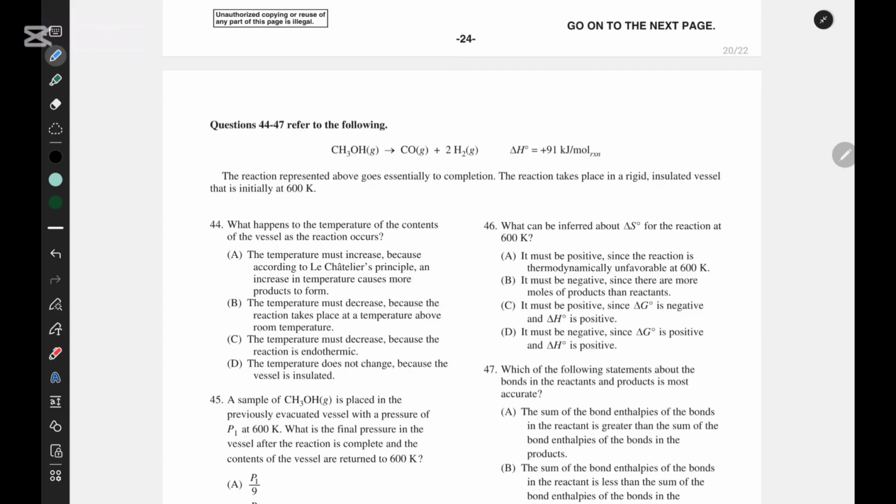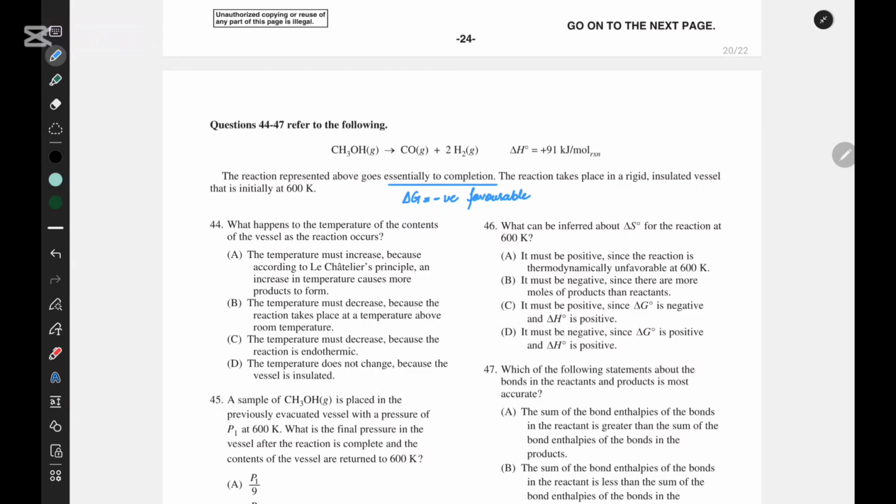Next question: the reaction represented above goes essentially to completion. So it has gone to completion, which shows that Gibbs free energy is negative and the reaction is favorable. The reaction takes place in a rigid insulated vessel that is initially at 600 Kelvin.